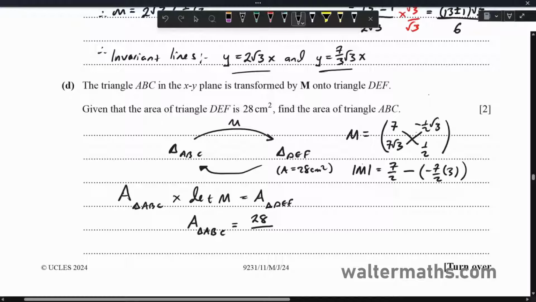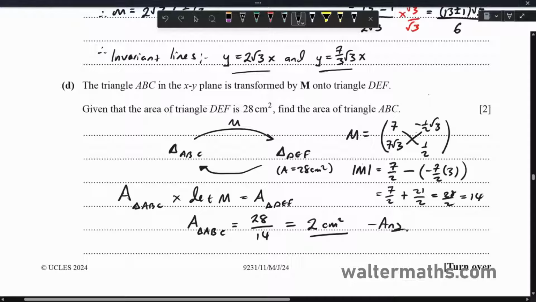So it's 7 over 2 plus 21 over 2, which is 28 over 2, so that's 14. That's the determinant of M, which leaves us the area of triangle ABC to be 2 square centimeters. So that's the answer right here.